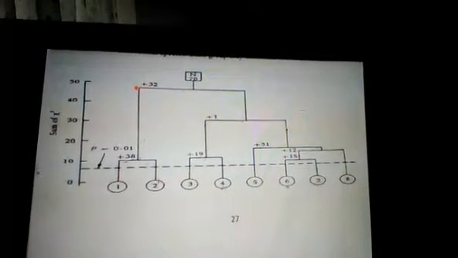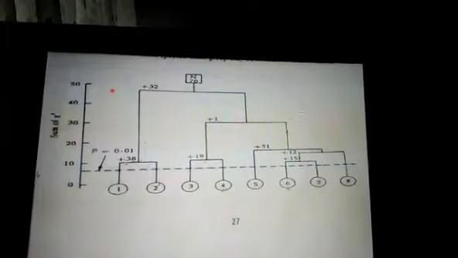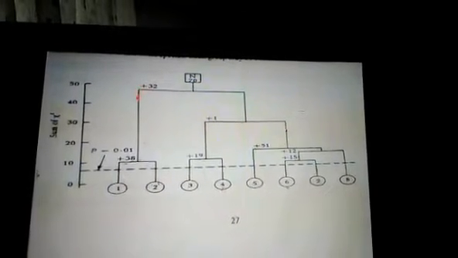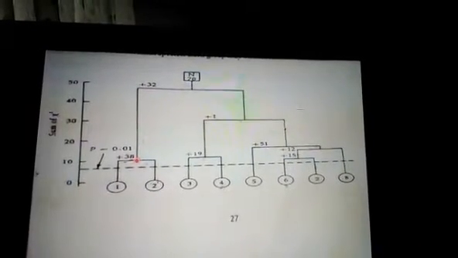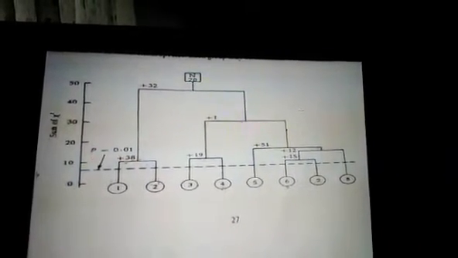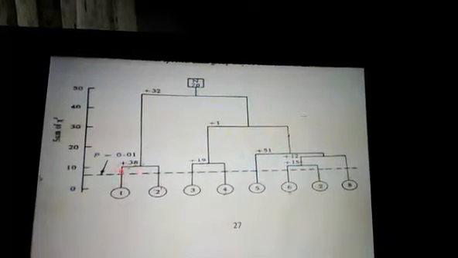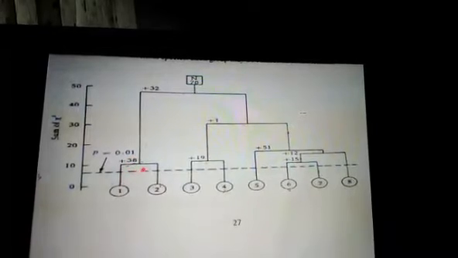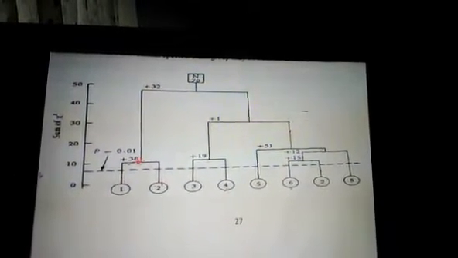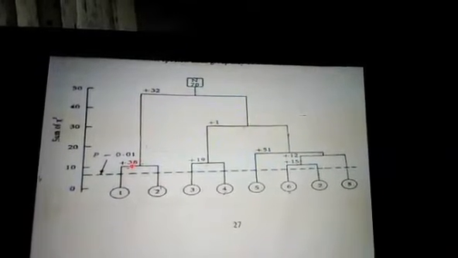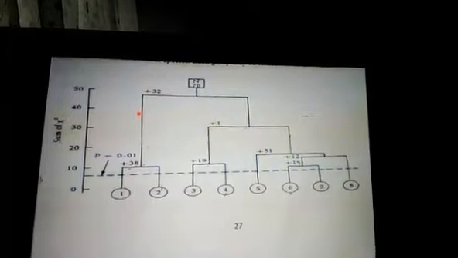So we move this side, at the chi-square value of 48. Then from there we are going to look for the second differential species on the right, not on the left. Therefore, we find it at the chi-square value of 10 and it is species number 38, which means it is forming some association with species number 32.